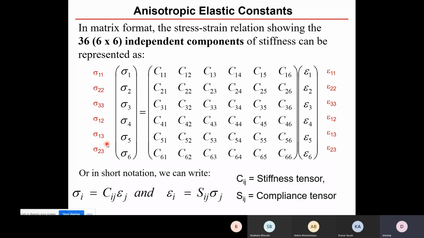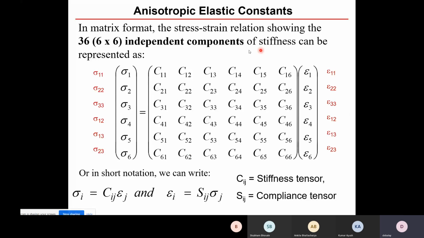So ideally, if you consider a completely random stress tensor and relate it with the strain tensor using elastic constants, there have to be 9 stress components and 9 strain components. So ideally, there will be 9 into 9.